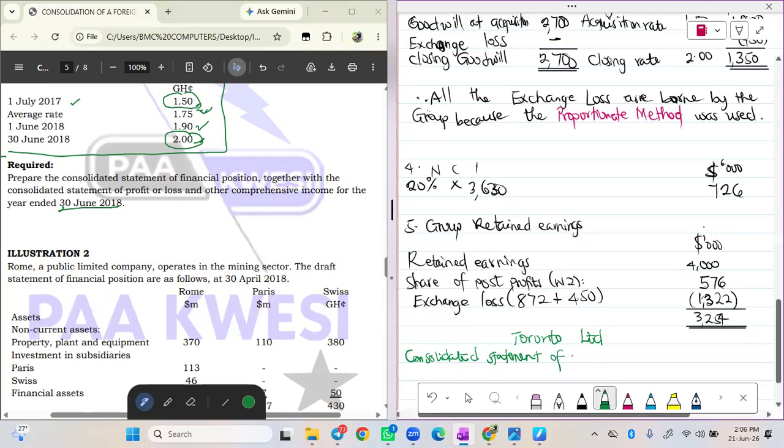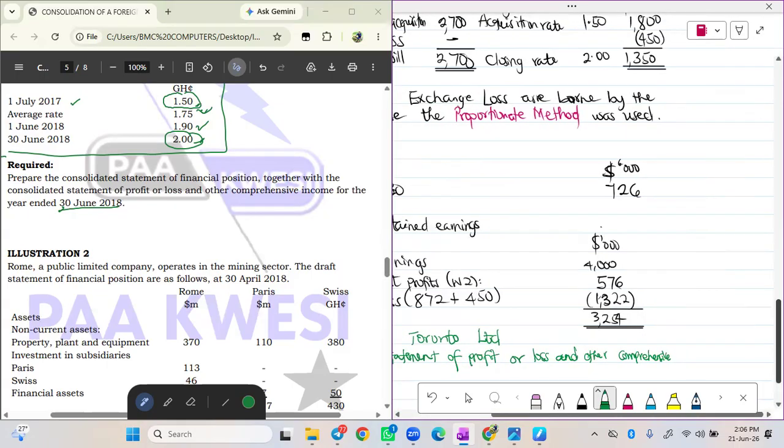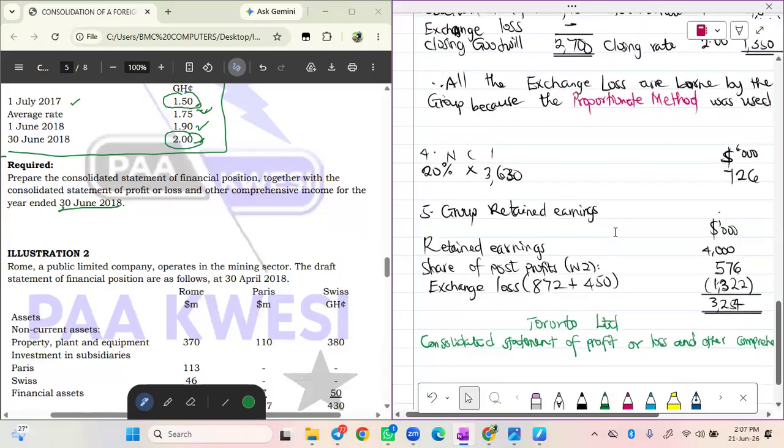So consolidated statement of P&L, P or L, and also your other comprehensive income for the year ended 30th June 2018.